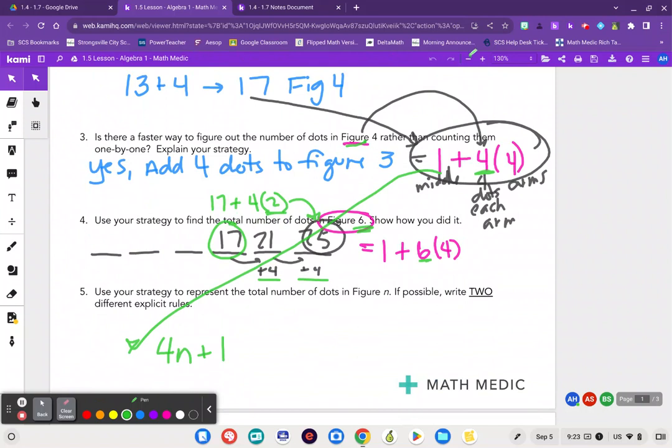Another way we could write this is we could say, hey, I've got 4 dots per arm every time, times the previous. So if I multiply by the previous figure number, n minus 1, figure n would be 4 times (n minus 1), plus 5, because that's how many dots are in the first figure.